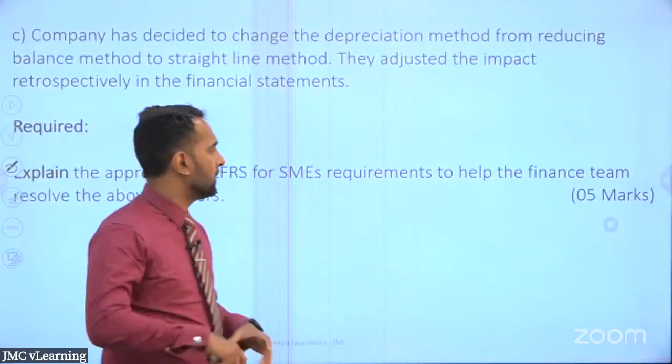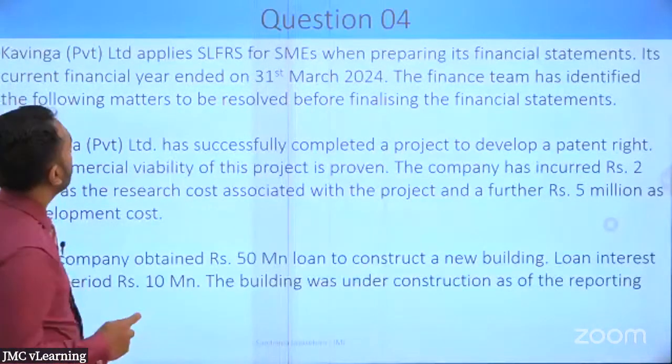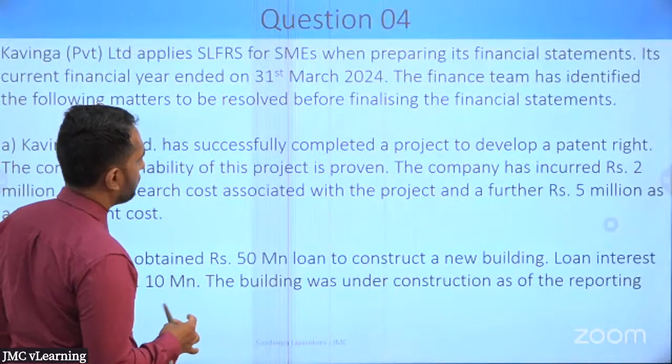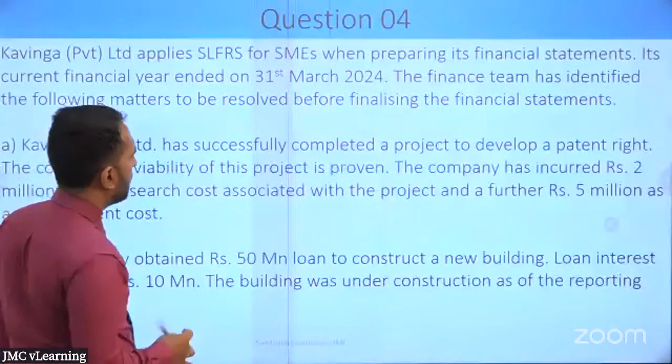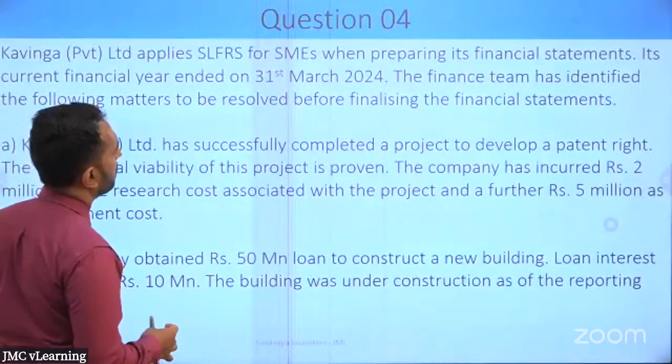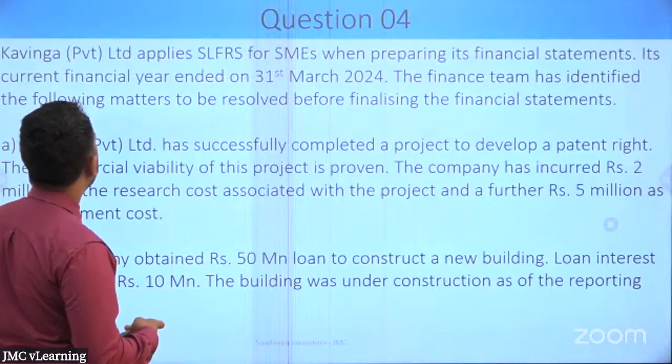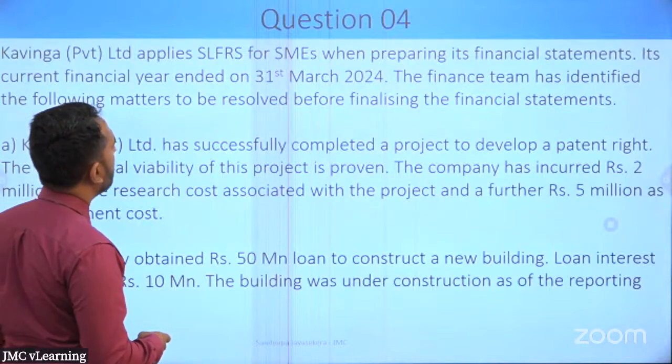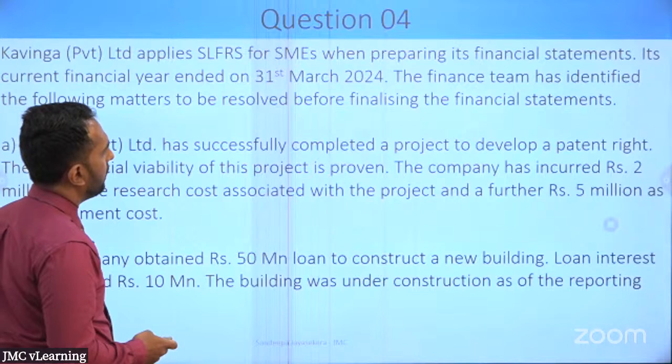Okay. So let's see. Carving Private Limited applies SLFRS for SMEs when preparing its financial statements. Its current financial year ended on 31st of March. The finance team has identified the following matters to be resolved before finalizing the financial statements.